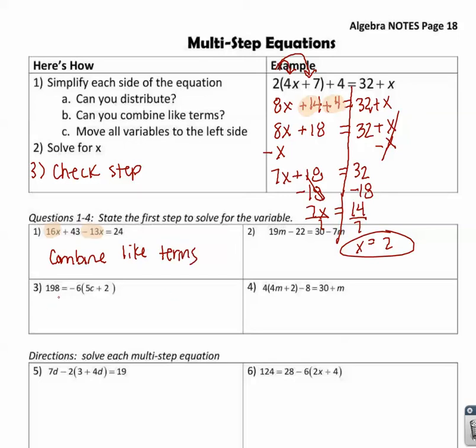In problem 3, the first thing that you need to do is to distribute your negative 6 so we can remove our parentheses.